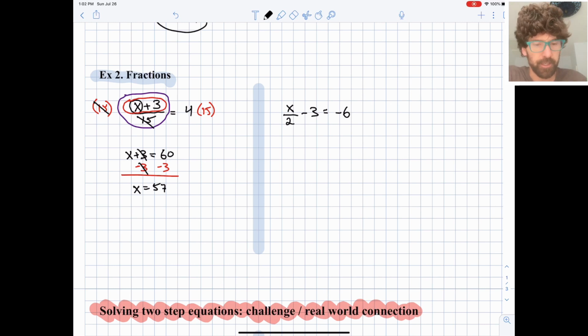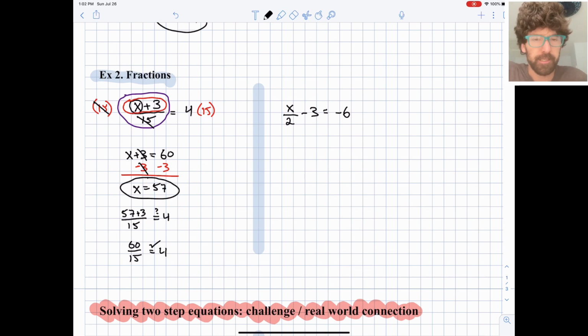I'll do a more formal check on this one. Is 57 plus 3 divided by 15, we're curious, is that equal to 4? Is 60 divided by 15 equal to 4? It is, it checks out. So our solution to this problem is x equals 57.